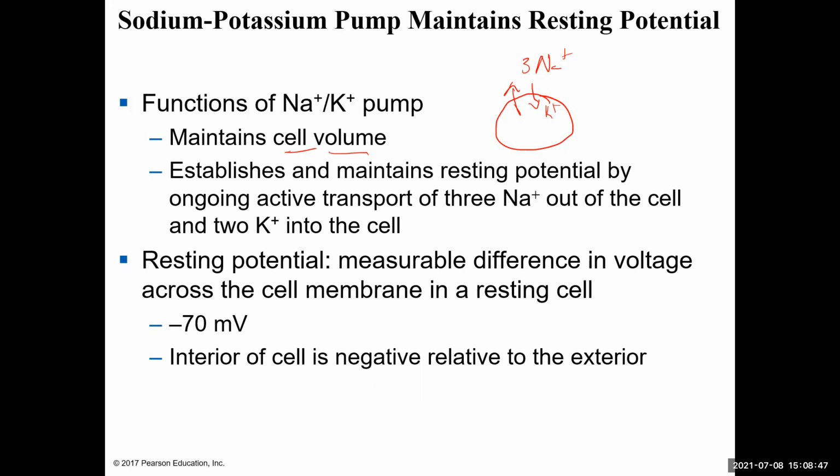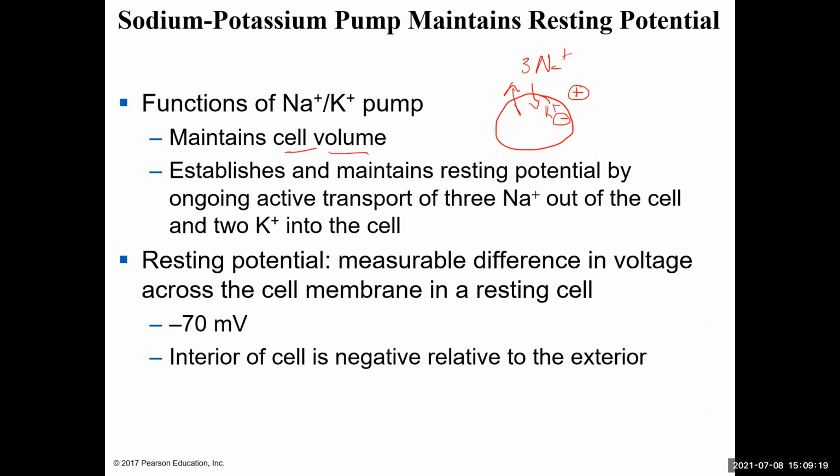And if you remember, that leads to a net positive charge on the outside and a net negative charge on the inside. So not only is the sodium-potassium pump useful for maintaining the salt concentrations for tonicity, but it's also very important because it's maintaining an electrical gradient across the cell membrane.